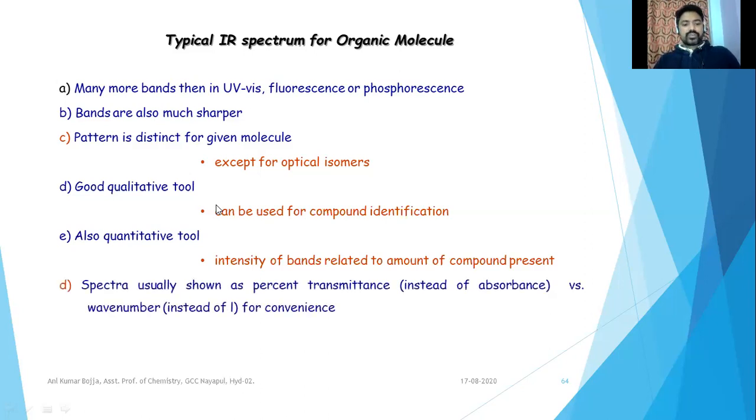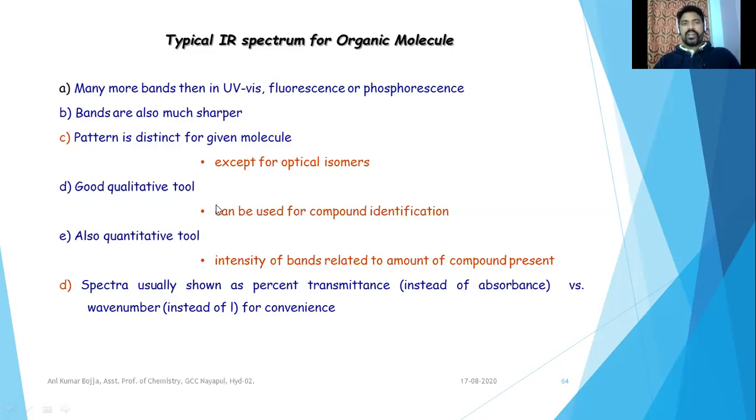Spectra are usually shown as percentage of transmittance versus wave number. In the previous case, UV visible spectroscopy, the spectrum is drawn with respect to wavelength and absorbance. Absorbance is taken on the y-axis and wavelength on the x-axis.